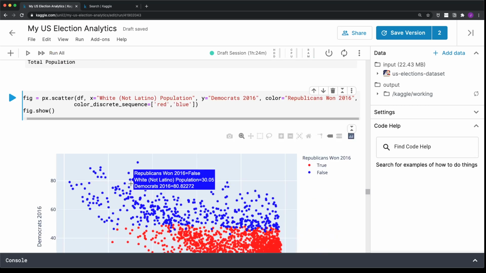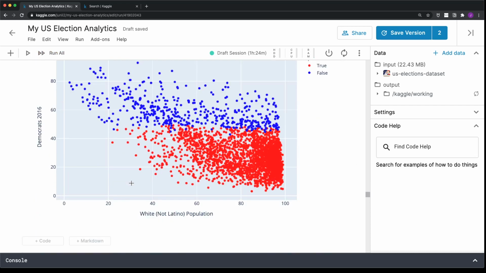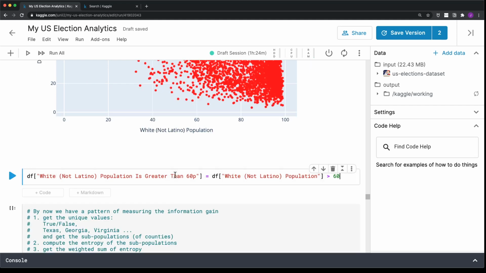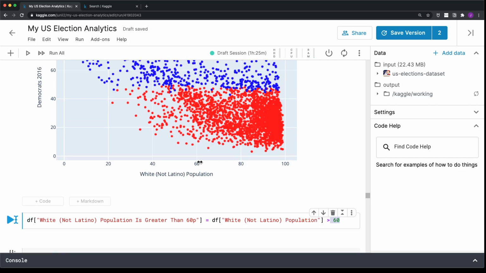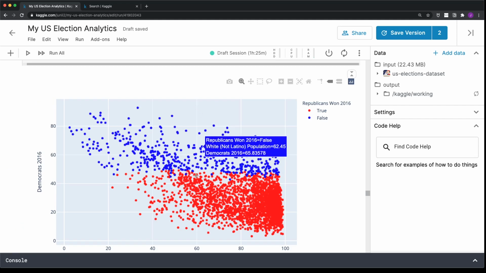Okay, see, it seems that it is also consistent with people's impression. So let's cut somewhere. Where did I choose? Okay, I chose whether more than 60% of the residents are white non-Latino people.